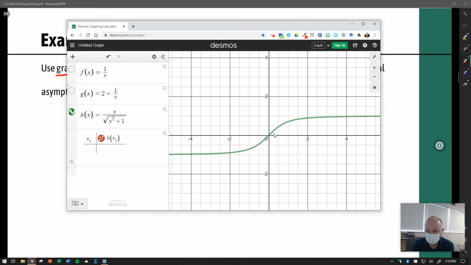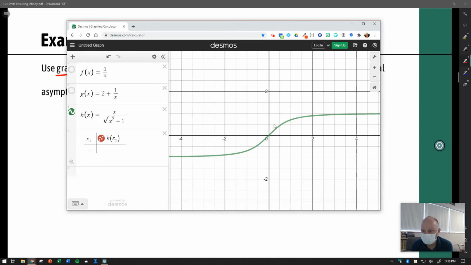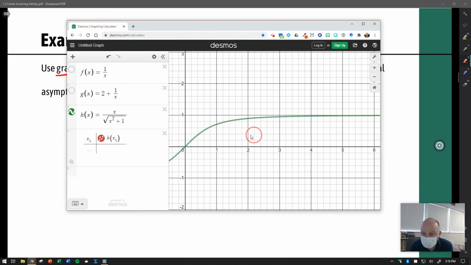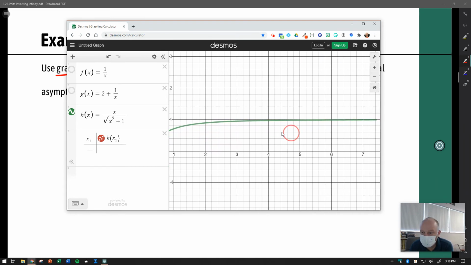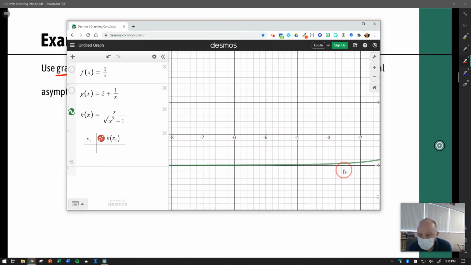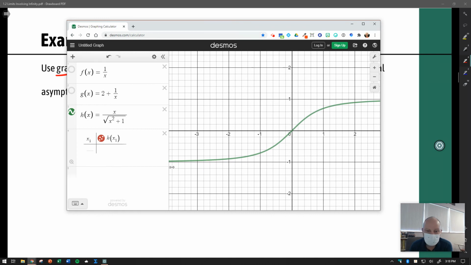What is that value? Because we were asked here for the horizontal asymptote. So I'm going to see, what does it kind of look like? It appears as though we are leveling out toward 1 as x grows large. It appears as though we're leveling out toward negative 1 as x grows small.